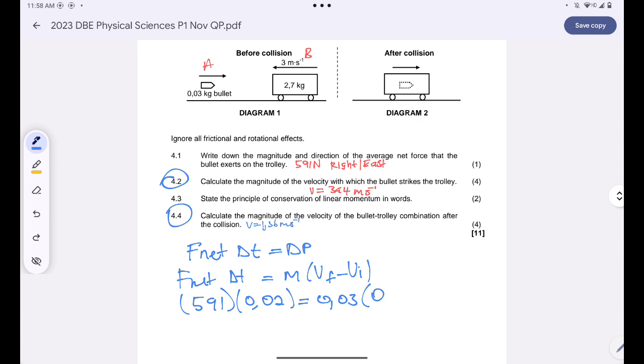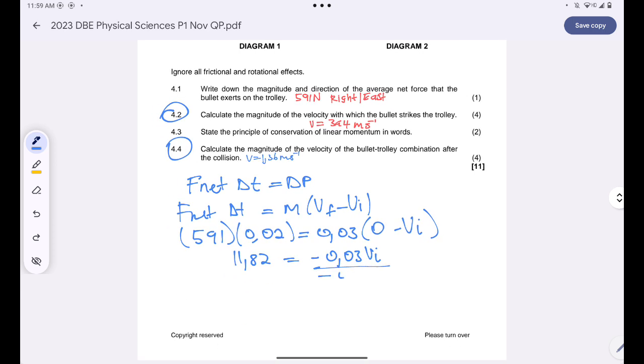So whenever anything comes to a stop, its velocity will become 0. I don't know my initial velocity. So I'll simply have 591 multiplied by 0.02. This will give me 11.82 is equal to negative 0.03 multiplied by VI. So I'll divide both sides by negative 0.03, and therefore my velocity will be negative 394 meters per second.